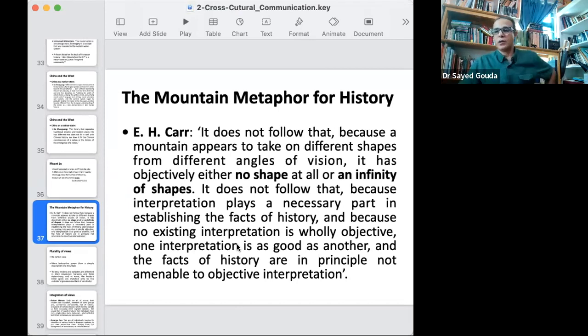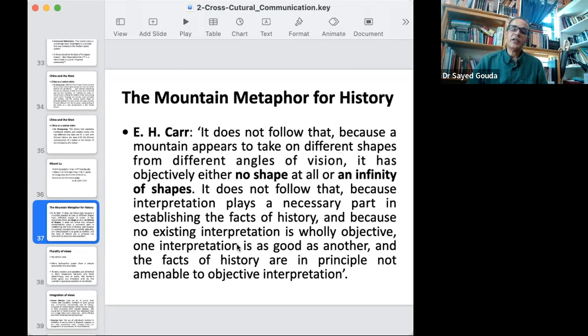He says here, it does not follow that because a mountain appears to take on different shapes from different angles of vision, it has objectively either no shape at all or an infinity of shapes. It does not follow that because interpretation plays a necessary part in establishing the facts of history, and because no existing interpretation is wholly objective, one interpretation is as good as another, and the facts of history are in principle not amenable to objective interpretation.